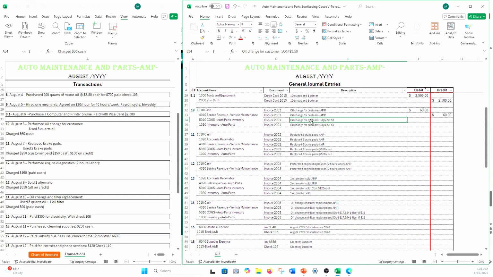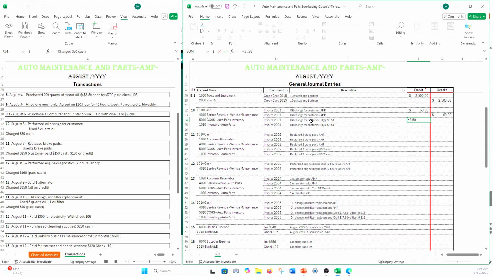So that's our cost. 3.50 multiplied by 5 is 17.50. Okay? So we have to start to recognize that we already spent that part of our inventory, and the cost of that part that we already used was $17.50 in dollar amounts.